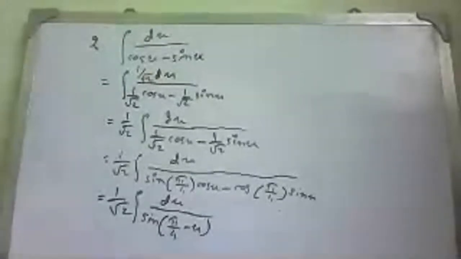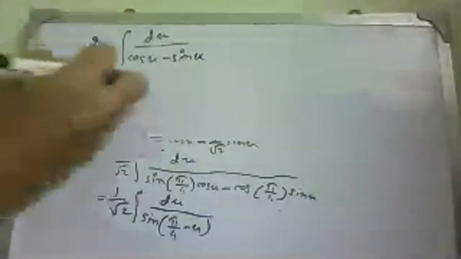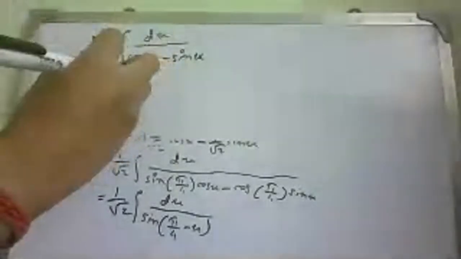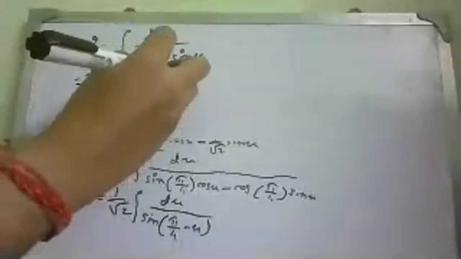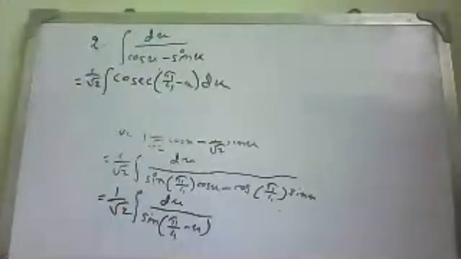So from here we can get an idea of what is actually going on. So we have finally the integral 1 over root 2 cosec of pi by 4 minus x dx, and the integral of cosec.